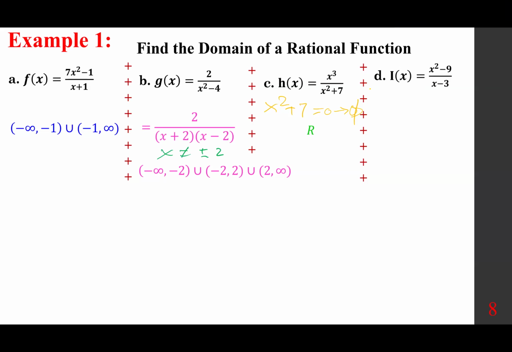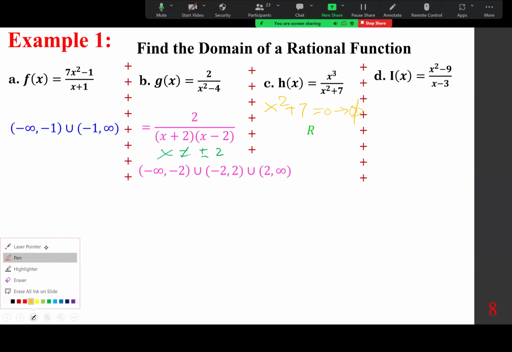What about this case? Here you want to be very careful. We may be tempted to say x can't be 3, and that's true for the domain, but it's not true for the vertical asymptotes. Going back, x equals negative 1 is a vertical asymptote, and x equals negative 2 and x equals 2 are vertical asymptotes.